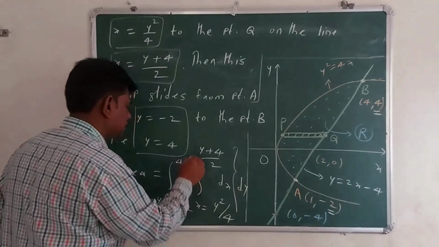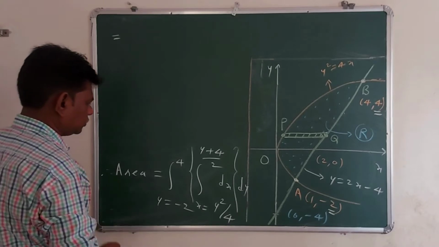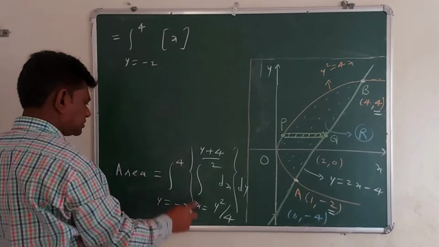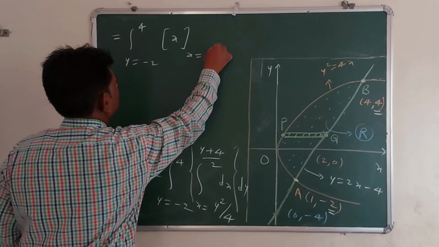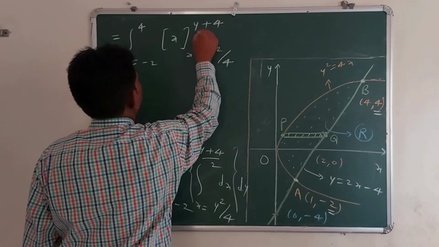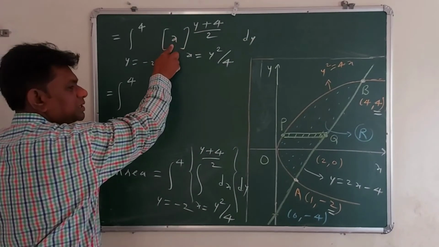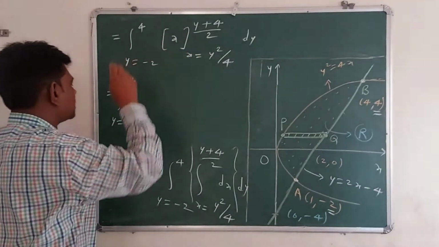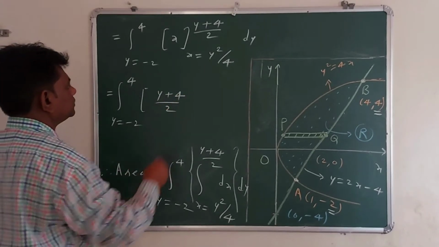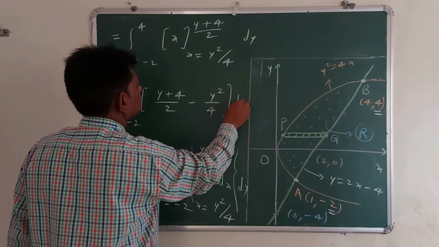Here, first integrate with respect to x. Integration of dx is x, with limits x equal to y square by 4 to y plus 4 by 2, dy. Now substitute upper limit minus lower limit. The answer is the integral of y plus 4 by 2 minus y square by 4 dy.